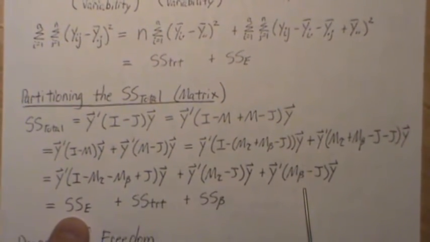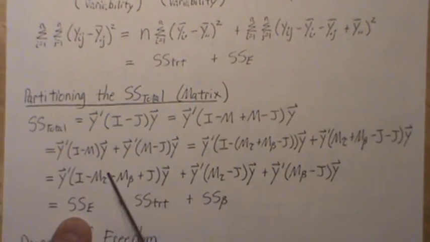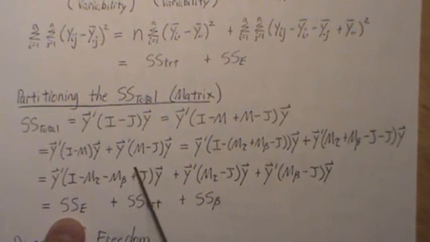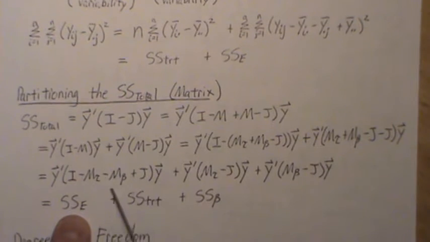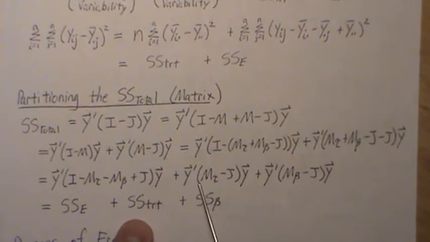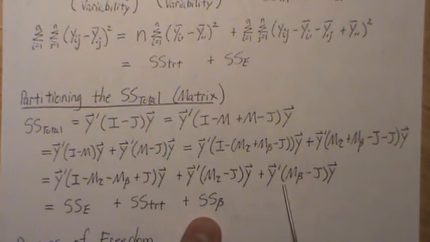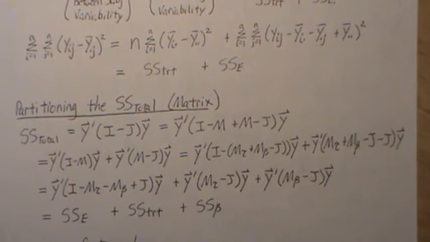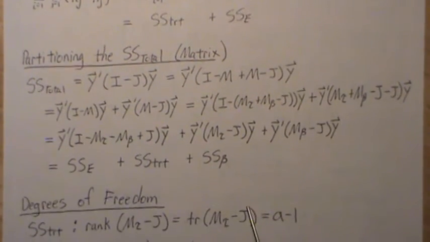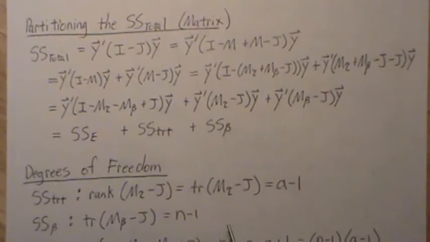So this is the error term, and remember, usually you just keep that as M, which to me simplifies things. But since we're in the repeated measures, one-way fixed effects ANOVA, you'll often see it like this. And then this is the sum of squares treatment, and this is the sum of squares between subject. And we're done. On page 3, we'll show that these equal the scalar forms.